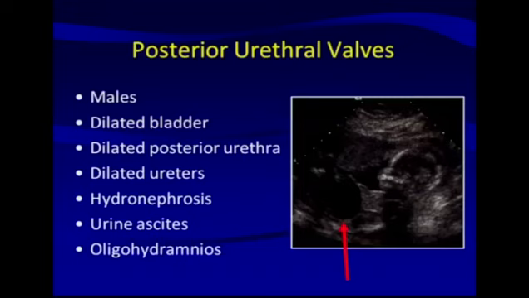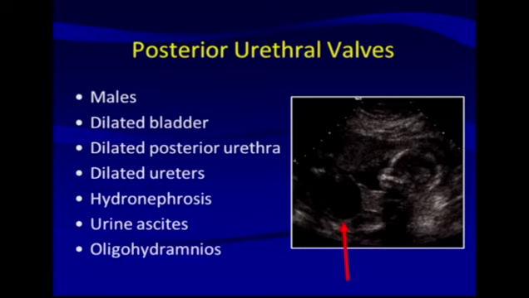Now, posterior urethral valves is probably the most common severe genitourinary abnormality seen exclusively in males, when there is a membrane within the posterior urethra. So everything behind that membrane dilates due to the obstruction from this membrane.